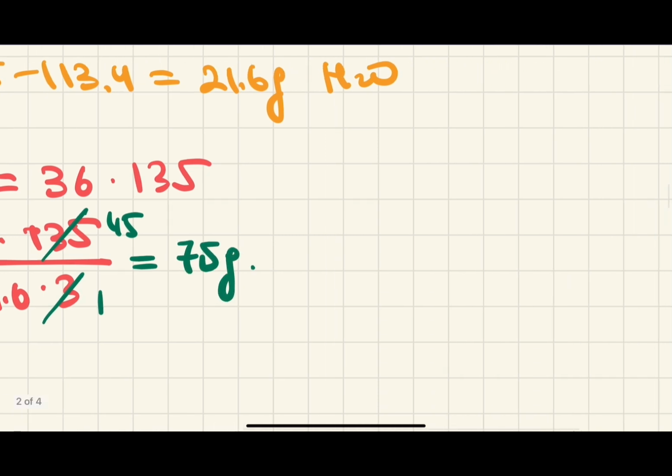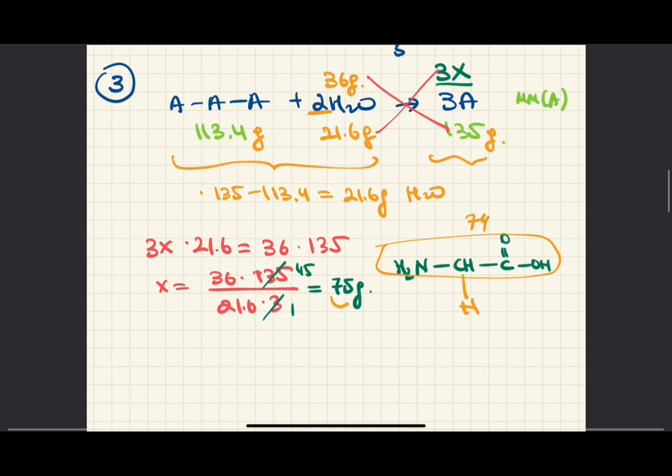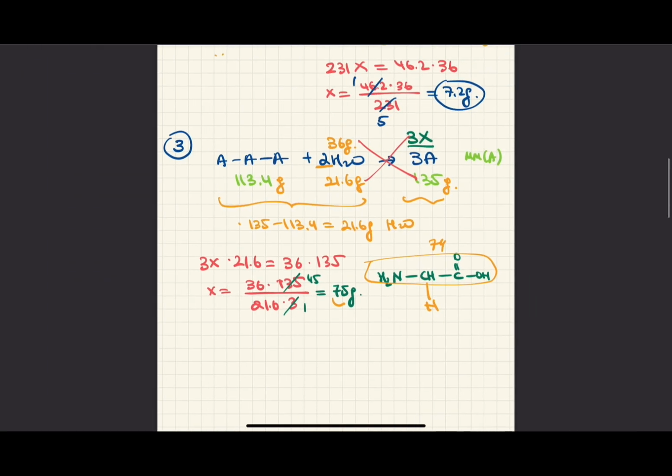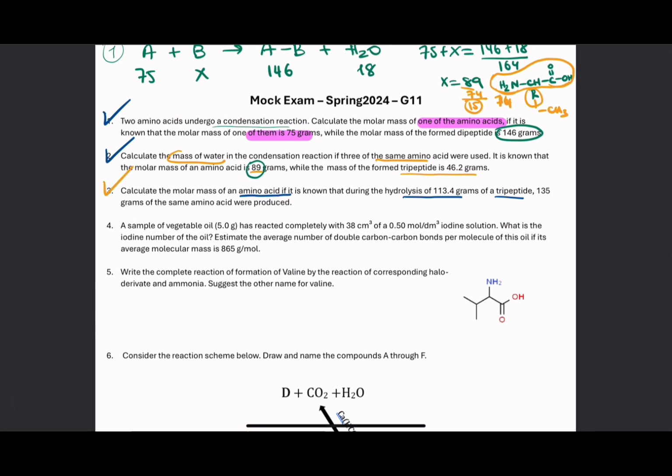Now we know that if we write this again, the amino acid formula, NH2CH and then COOH, all this portion is 74, right? And we're left only 1 for R, and this would be just a hydrogen, and that's what your amino acid is, although it didn't ask for the formula. Now question 3 is done.